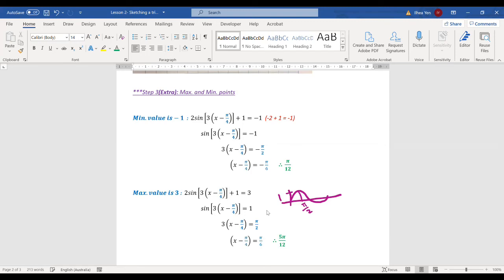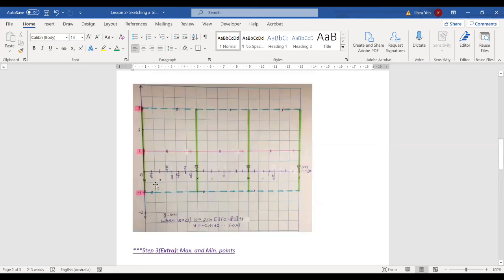Okay, so when you get 1, you know it's going to be pi over 2. So when you solve for x, you will get 5 pi over 12. So when we go back to that, it's going to be pi over 12. It's going to be my minimum. 5 pi over 12 is my max.